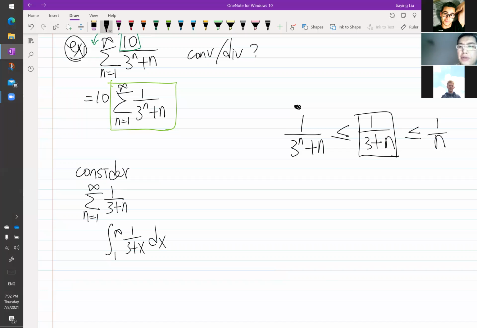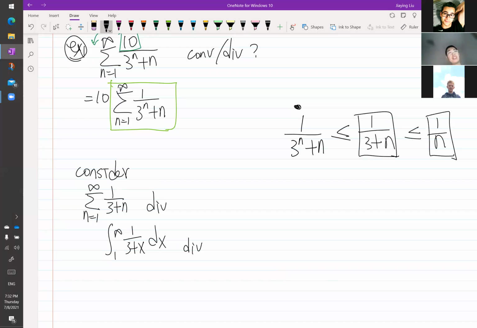So instead of using 1 over 3 plus n, you can just use 1 over n directly. One of the two will work. Just like integrating 1 over x dx, this is divergent. I'm not showing all the work here, but this ends up being divergent.